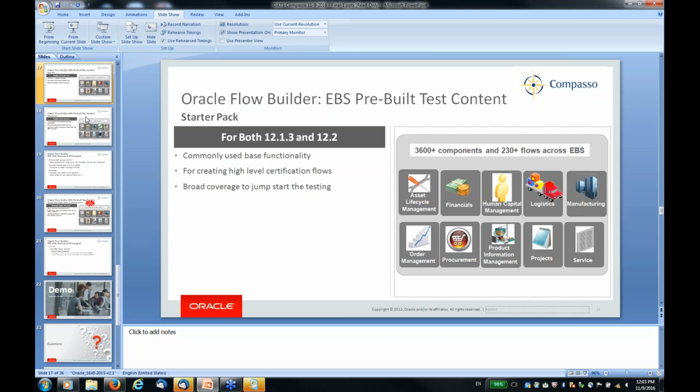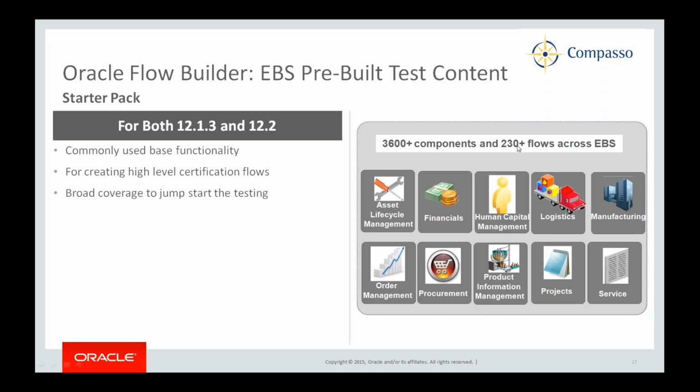Right. I'm going here to this page. So basically, with the starter pack, you get 230 flows. And in terms of details, they really cover products across eBusiness Suite. And definitely, we have a link that later on you can connect to George. He'll send you the link that gives you the details of what those flows are with names and where they are.